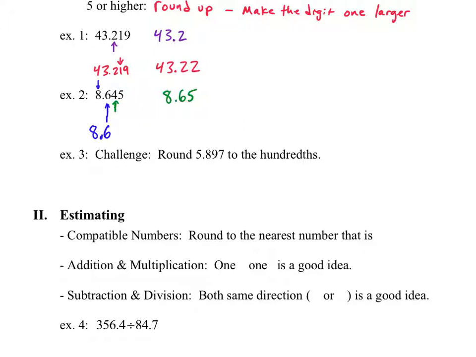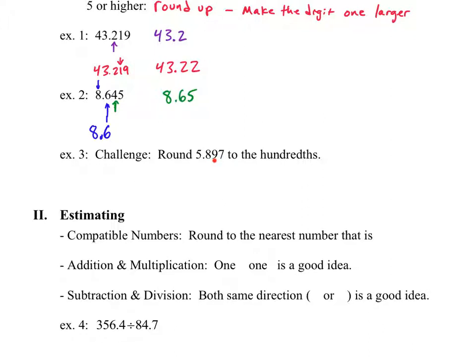A challenge, let's say we want to round 5.897 to the 100th spot. There are two things about this that are a little bit challenging. One, which one's the hundredths? So we have tenths, hundredths, so we're rounding it to this thing right there. Well, if I do that, I look at the next digit, which is my 7, and my 7 tells me I need to round up.